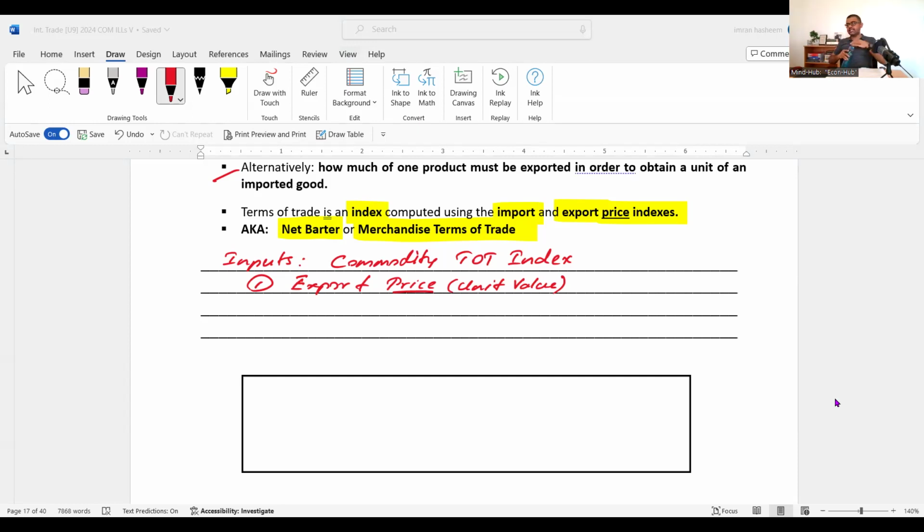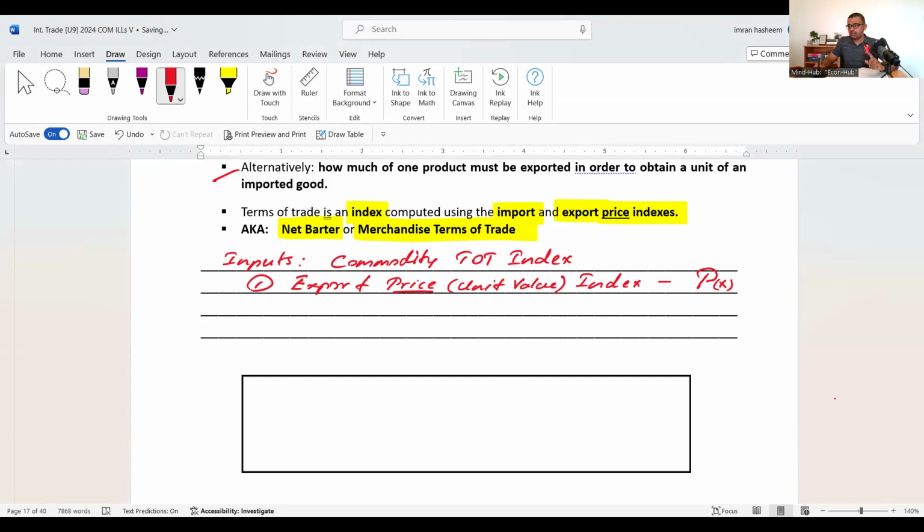So export price or unit value index. We normally use the abbreviation PX within brackets. PX. Export price or unit value index.